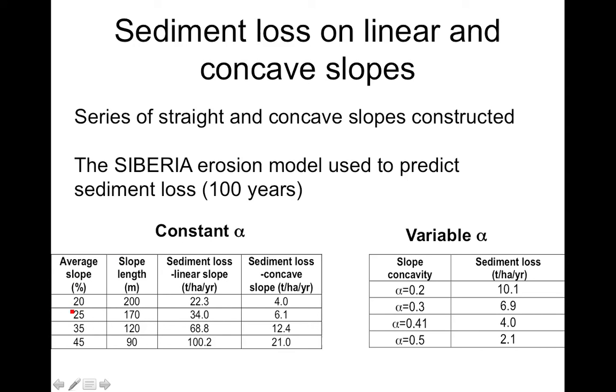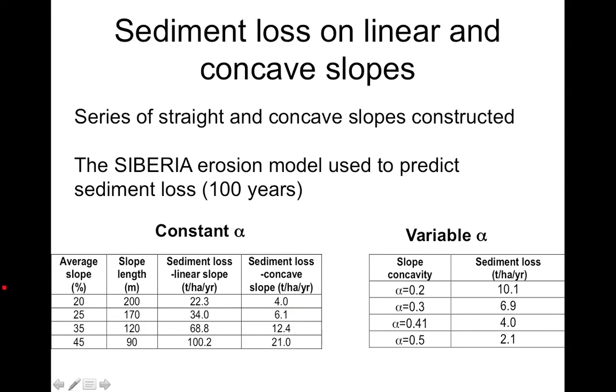So with an average slope of 20%, the slope length was 200 meters, the sediment loss was 22.3 tonnes per hectare per year, and the sediment loss from a linear slope of the same length, right? So linear slope, and instead the sediment loss from a concave slope, the same length but with a concave section, we had 0.4 of a tonne per hectare per year.